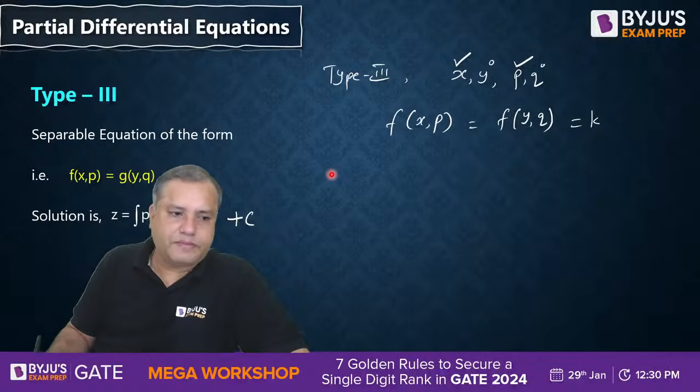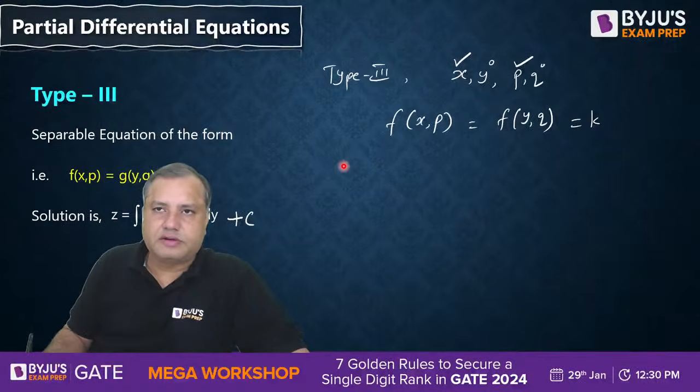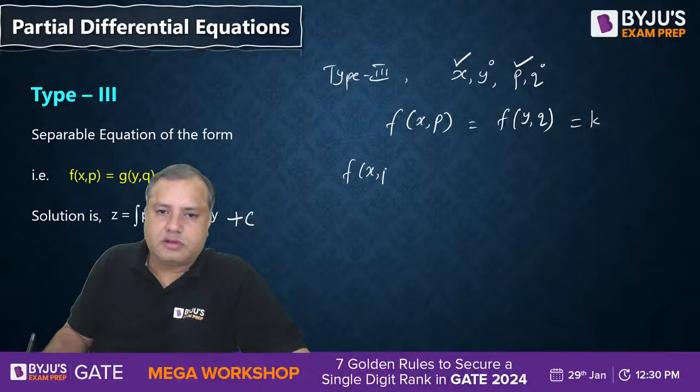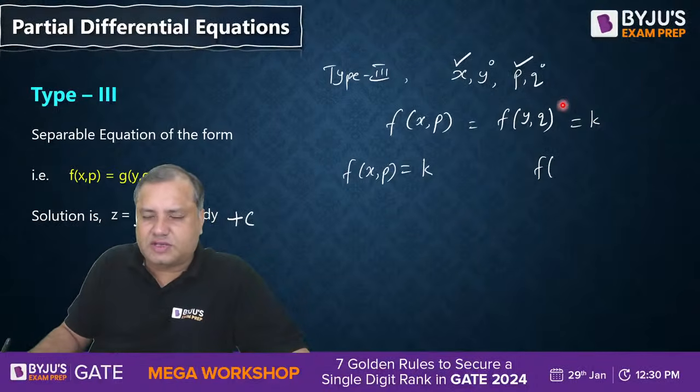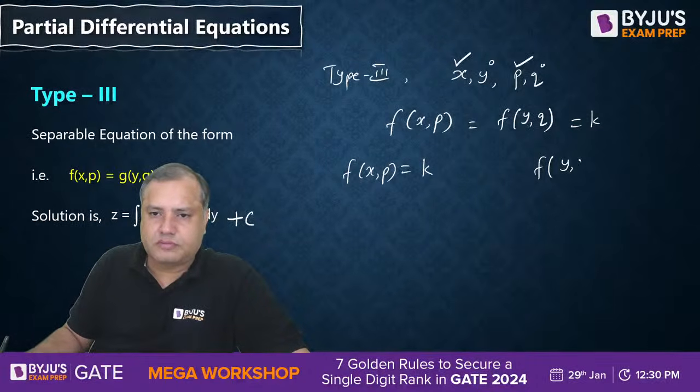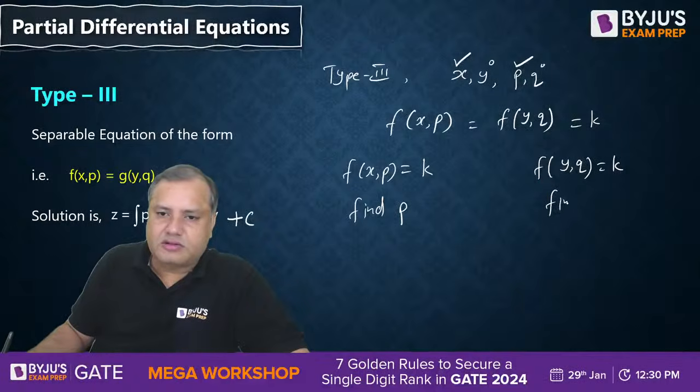What we can do here is consider f of x comma p equal to k, and then equate the other side also to k. From here find p, from here find q.